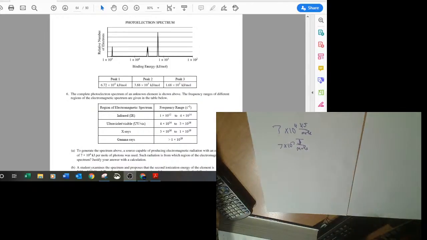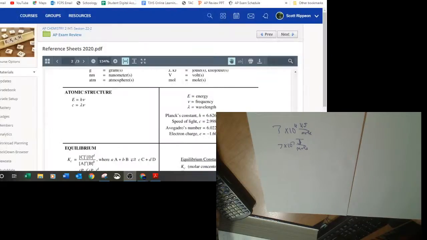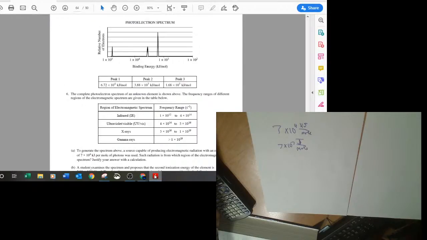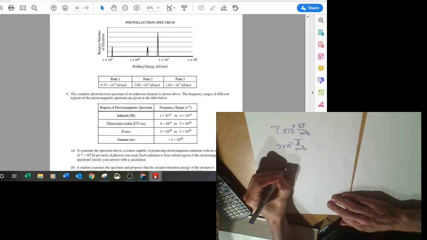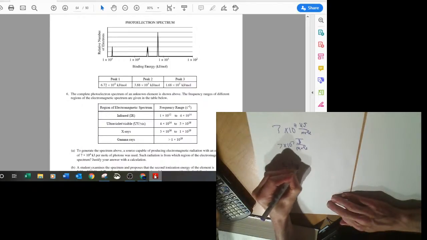Now, we have 2 possible resources. We can use either c equals lambda nu, but we were not given a wavelength. We can use E equals Planck's constant times nu, and we do have both of those things so that we can make that work. So we've got E equals Planck's constant times nu.